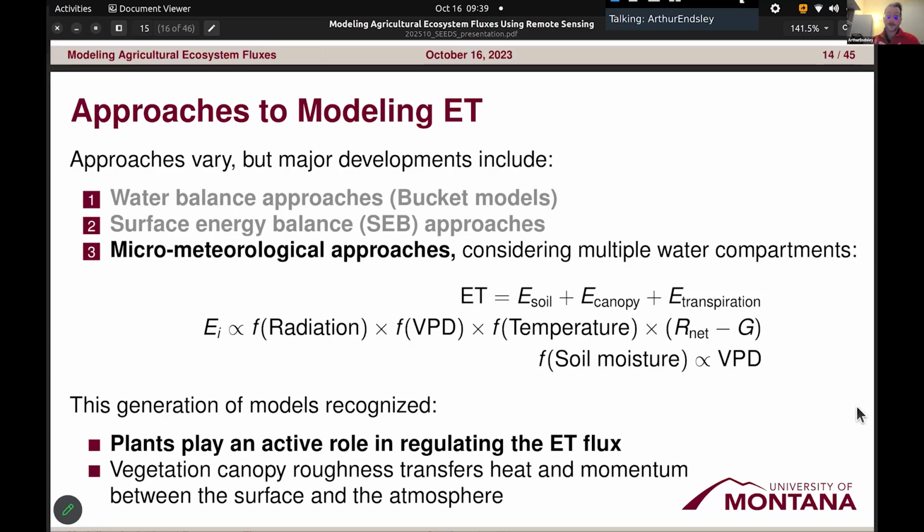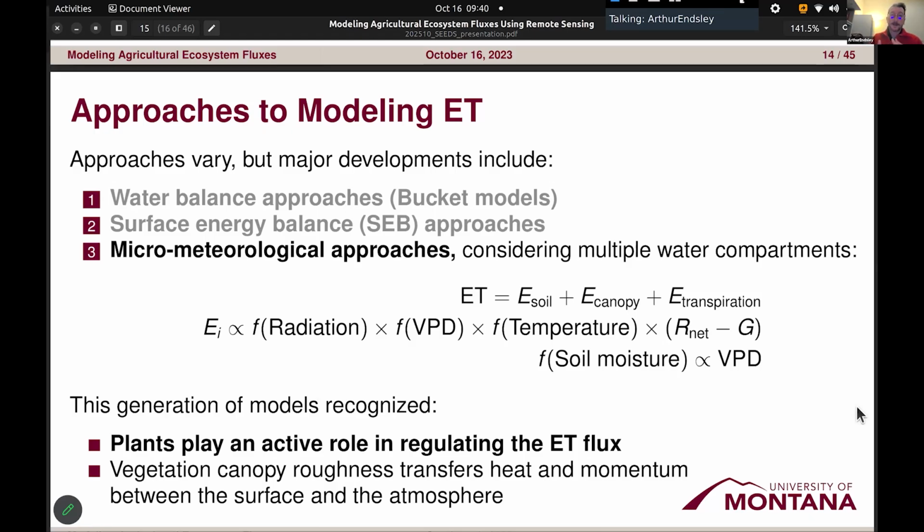Transpiration is a major part of evapotranspiration, and so plants through stomatal control can actively regulate ET. These were also the first generation of models that considered multiple water compartments, where we have water evaporated from the soil, water evaporated from the canopy, and then transpiration, or the flux of water through the xylem of plants and out through plant stomata.